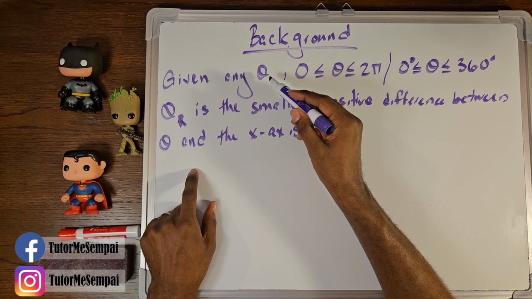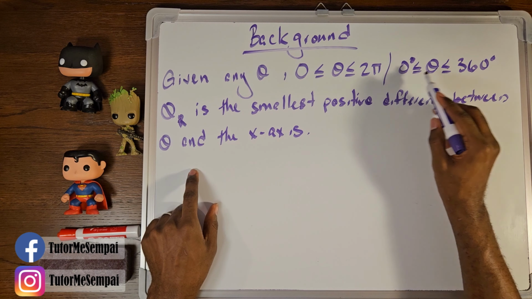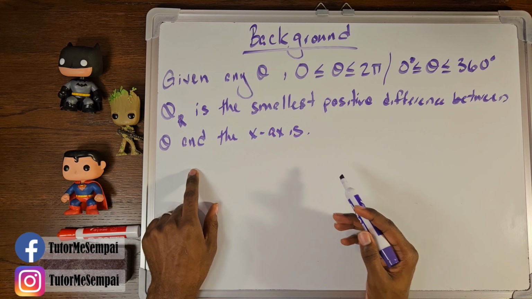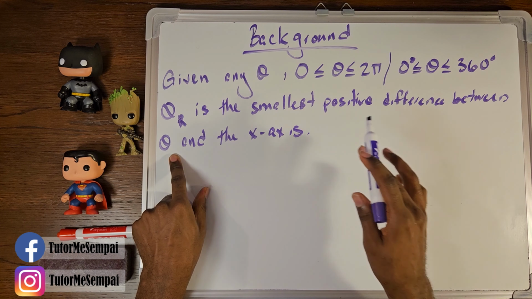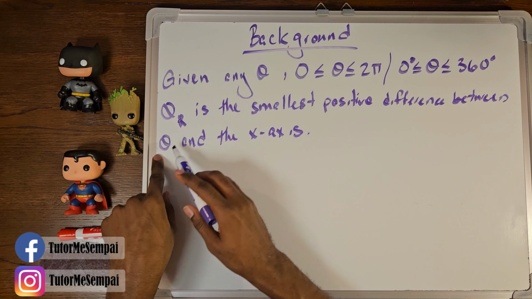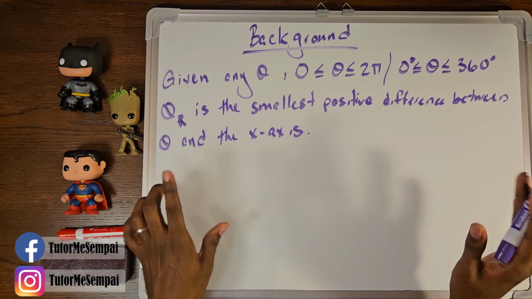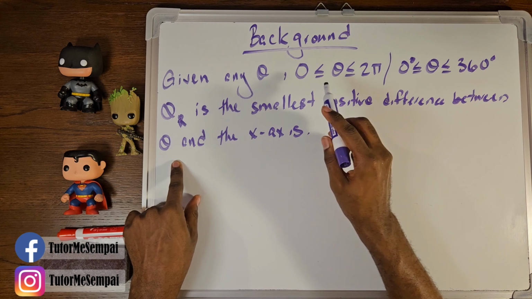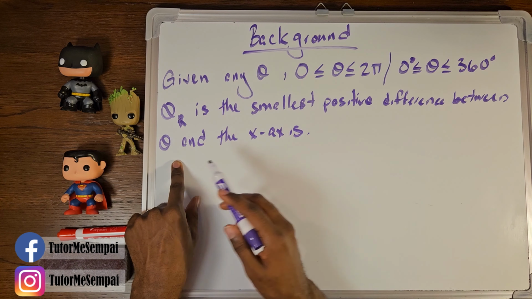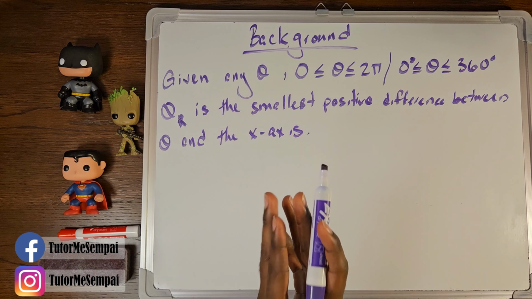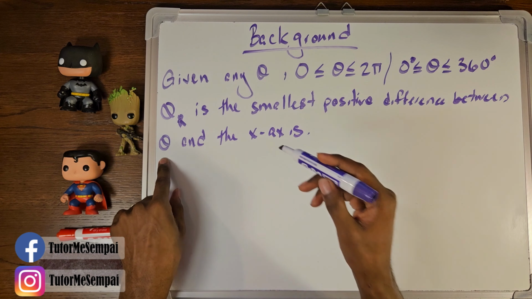Given any angle theta between 0 and 2 pi if you're in radians, or 0 and 360 degrees if you're in degrees, your theta r, or reference angle, is the smallest positive difference between theta and the x-axis. Let me say that one more time. Given any theta between 0 and 2 pi, or 0 and 360 degrees, your reference angle is the smallest positive difference between that angle and the x-axis.